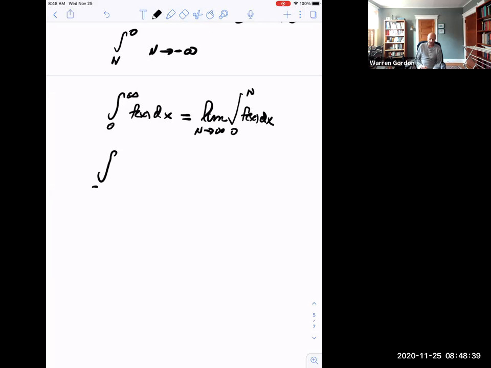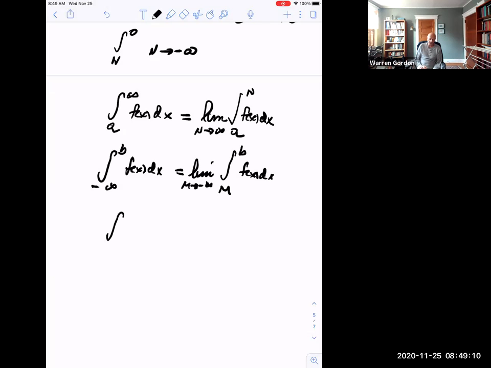Similarly, an integral of this type from minus infinity, say to a, I'll call it a, to say some number b of f of x dx. What I would do is I would replace this number by some other number, say m or n, doesn't make a difference what I call it. And I let m go to minus infinity. If each of these converges, then the respective integral converges.